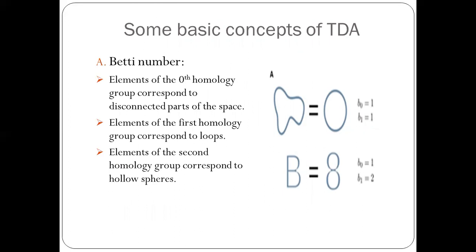For example, in figure A, the first diagram has one connected component, so B0 is equal to 1, and it has one one-dimensional hole, so B1 is equal to 1. In the second figure, there are two loops and one connected component, so we have B0 equal to 1 and B1 equal to 2.